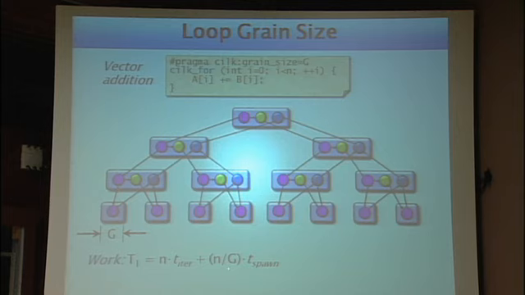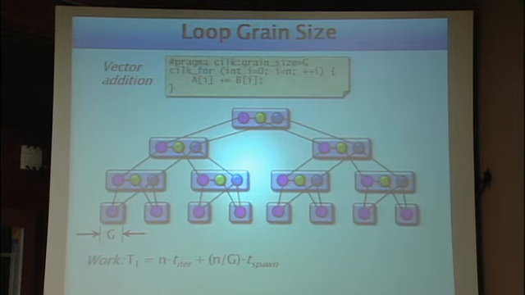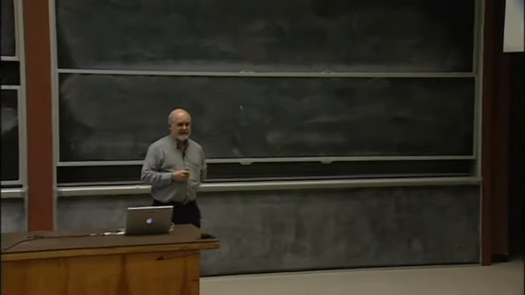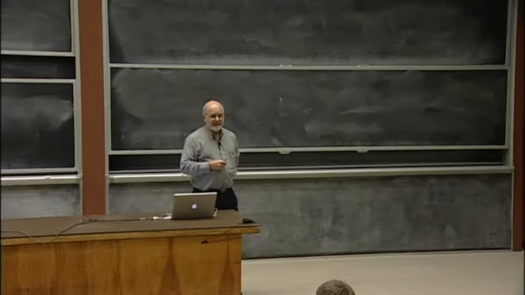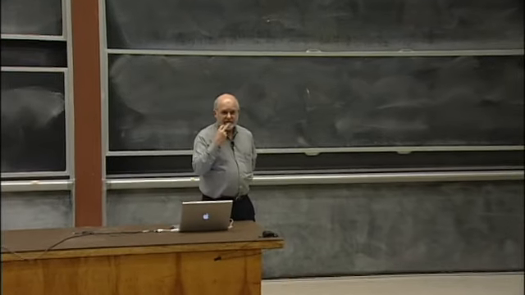It's basically n over g times the time for a spawn, for the internal nodes. So everybody see where I'm getting this? I'm trying to account for the constants in the implementation. Do people follow where I'm getting this? Ask questions. I see a couple of people who are sort of going, not sure I understand.